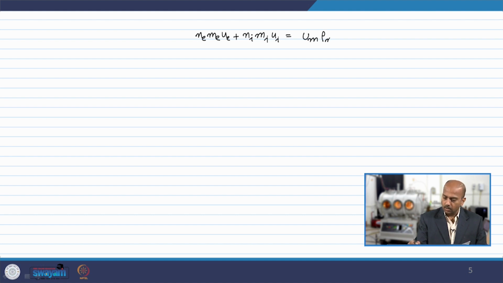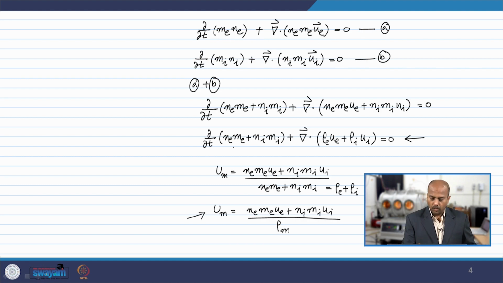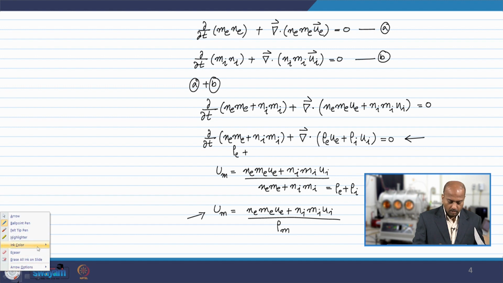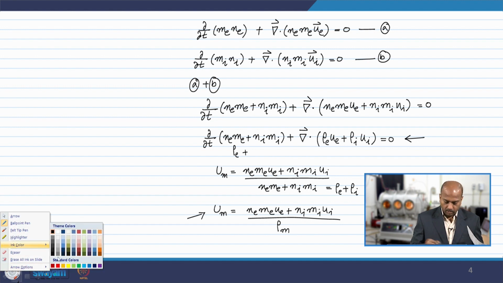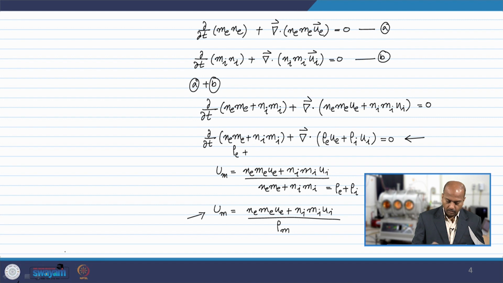rho m U. So we can write the total continuity equation as ∂/∂t of rho m plus del dot (rho m U) is equals to 0. You see this one, this is rho e. Let us slightly change the color scheme so that it becomes easy for you to understand if you are referring directly to the notes.